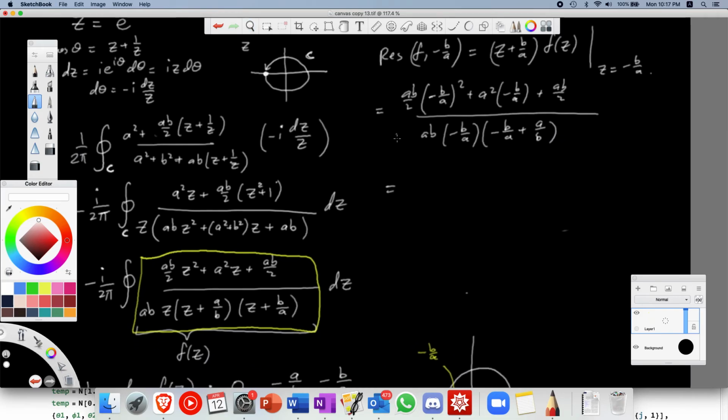What do we see here? The first term is b cubed over 2a, and then you have minus ab over 2.